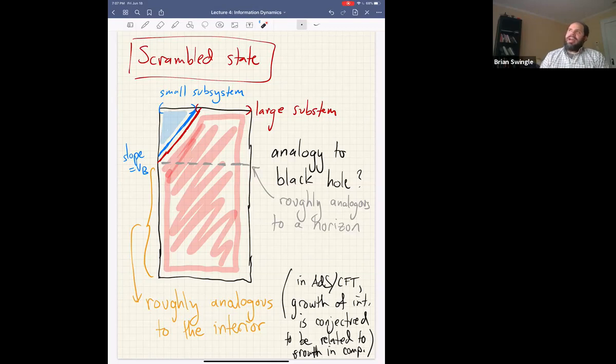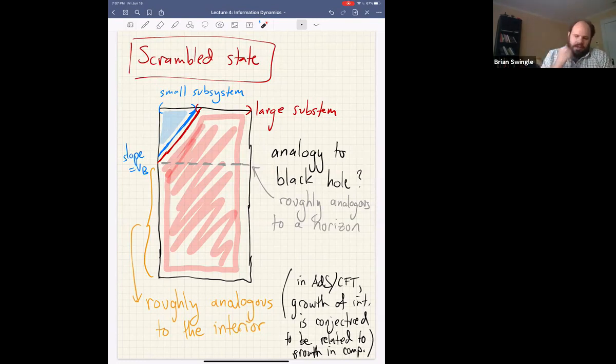I don't know. I mean, I would answer that by saying I think there's a lot of ingredients missing from this very simple-minded picture, and it would be interesting to add those ingredients in, to really put in an extra radiation region. I have not done that or thought about that very carefully, but that would be something one wants to do to make this analogy more precise.